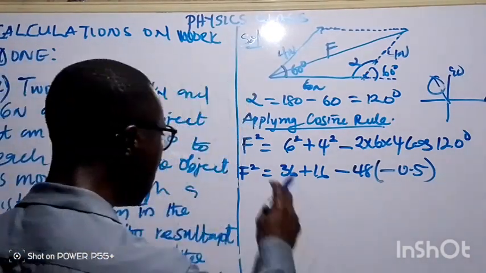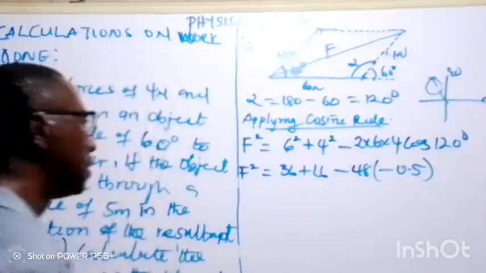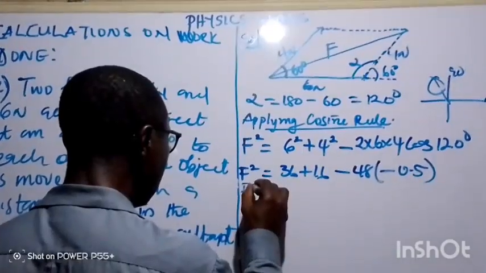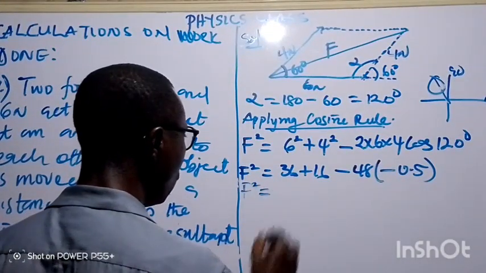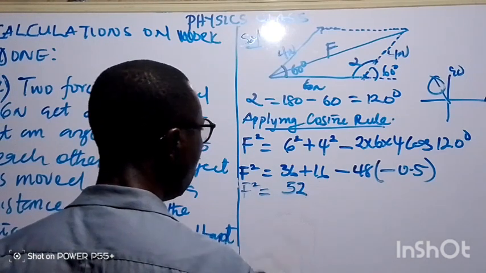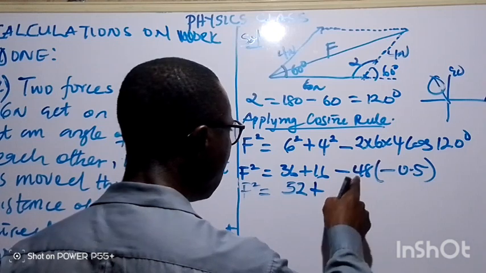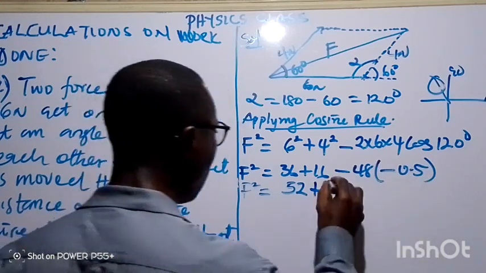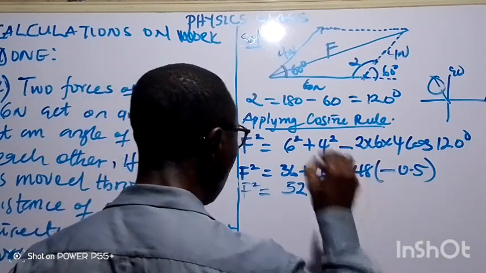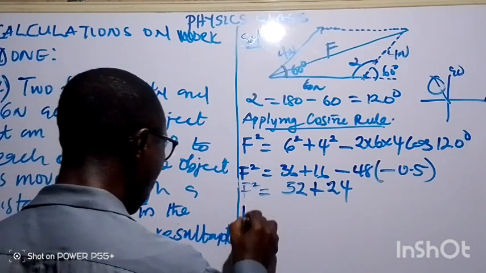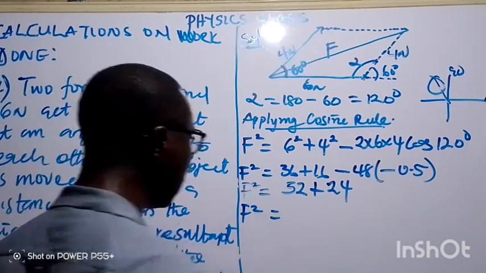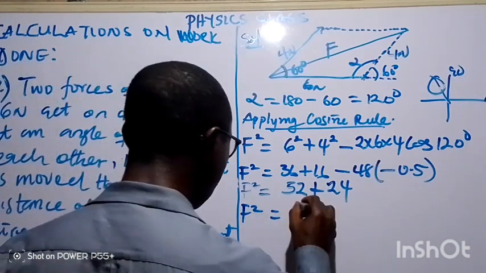So from this, 36 plus 16 will be equal to 52. The negative times negative gives positive, 48 multiplied by 0.5 gives 24. So from there, our F square will give us 76.